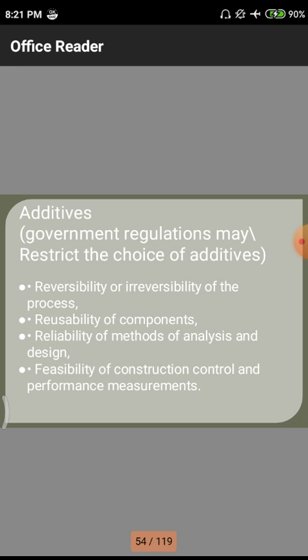Next one is the reliability of the method of analysis and design. That means if we design a particular structure for 10 stories or 12 stories, or if I design a particular dam to store the water, is there any feasibility for increasing the dam height? If we increase the dam height, automatically the surrounding villages will have trouble, particularly in the rainy seasons.